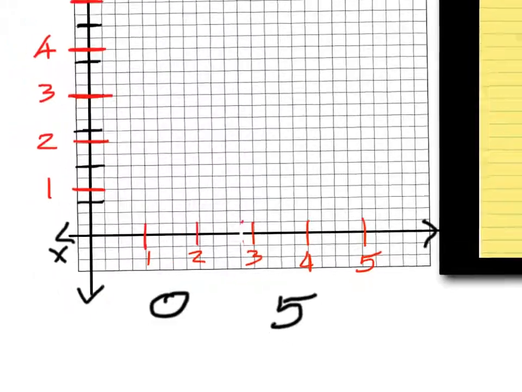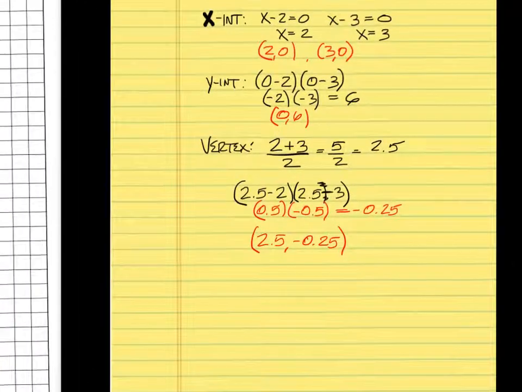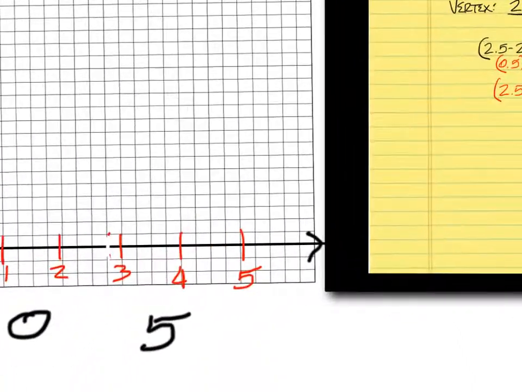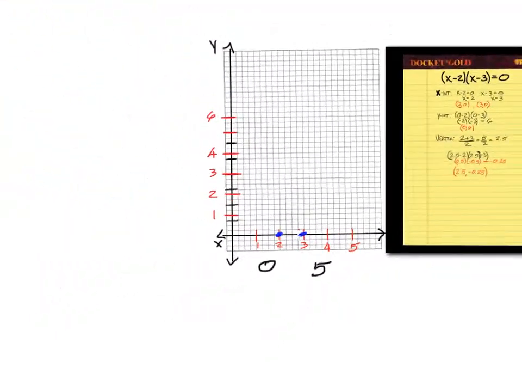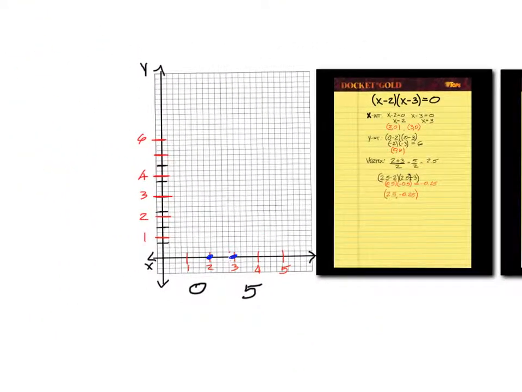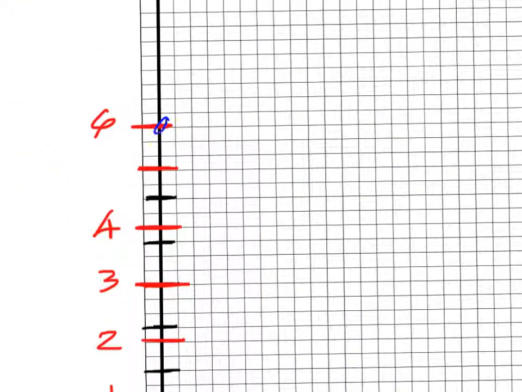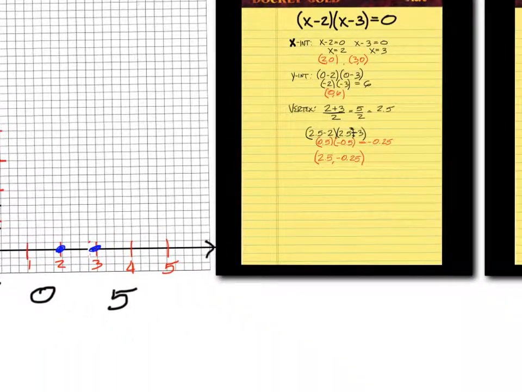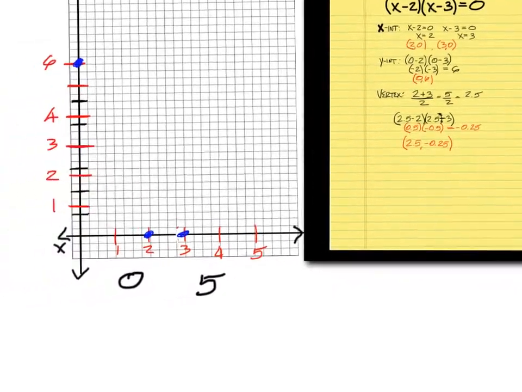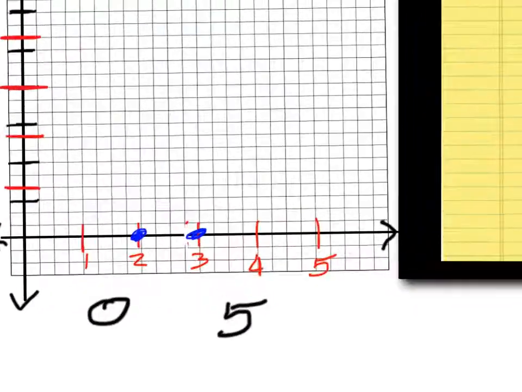Okay, so we have x-intercepts of 2, 3. We'll come in here and put a dot on the 2, a dot on the 3, and our y-intercept is 6. So come up here and put a dot on the 6. Our vertex is 2.5 and negative 0.25.